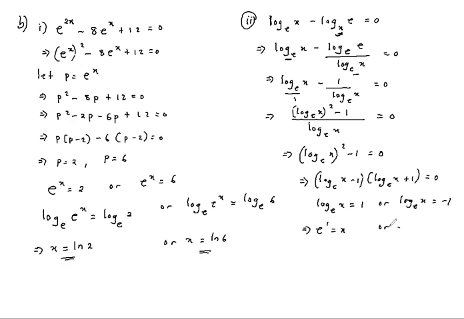The second one, e power negative 1 is x. So the values of x is e, or x is 1 over e. That's what e to the power negative 1 means. And that's what e to the power 1 means. So you get these expressions. Nice ones. Isn't that nice?